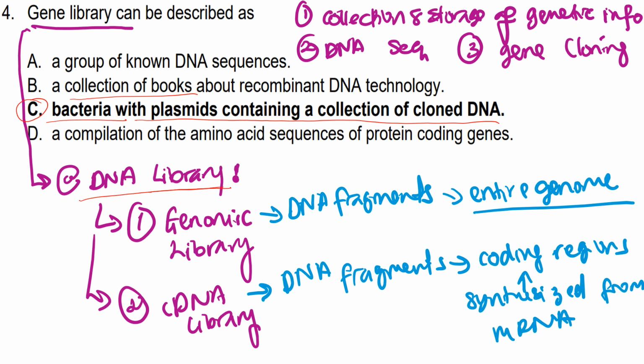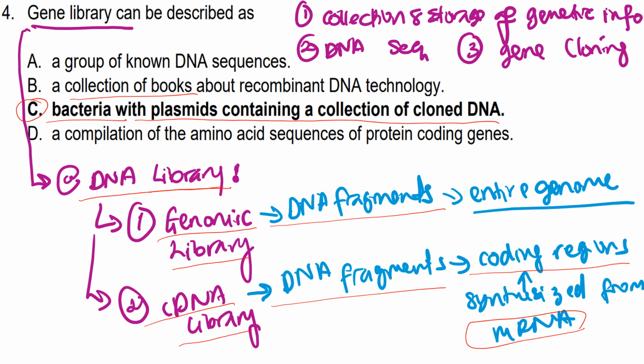So there are two types of gene library or DNA library, which is genomic library, and the second one is cDNA library. For genomic library, it contains DNA fragments from the entire genome of an organism. As for cDNA library, it contains DNA fragments that only have the coding regions, because cDNA is synthesized from mRNA.